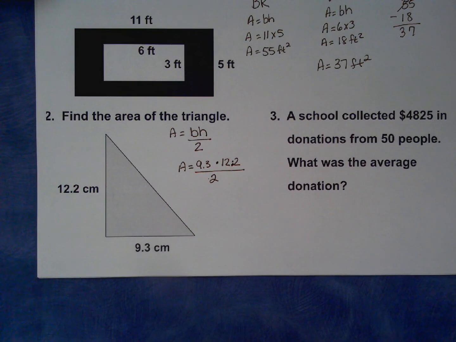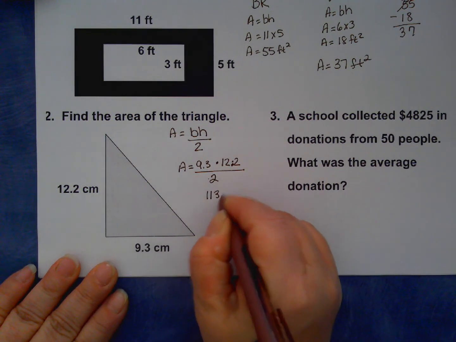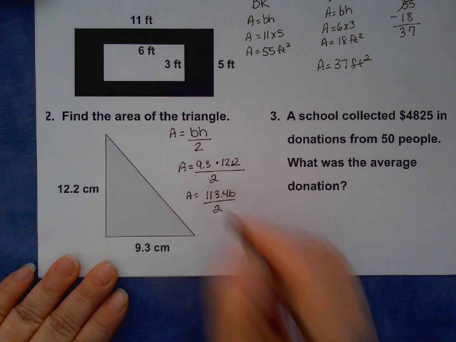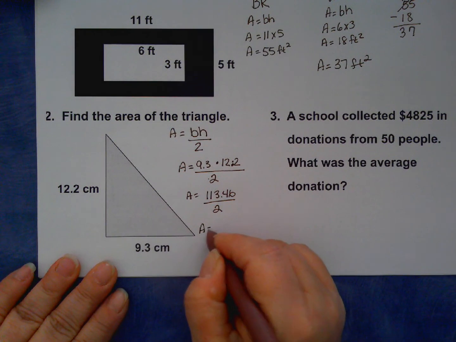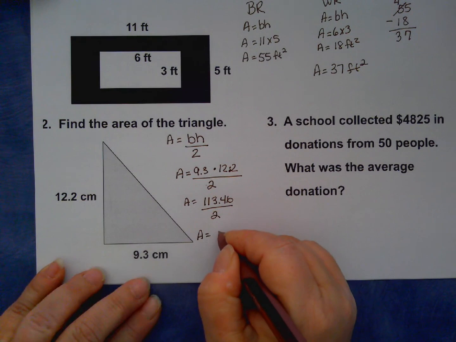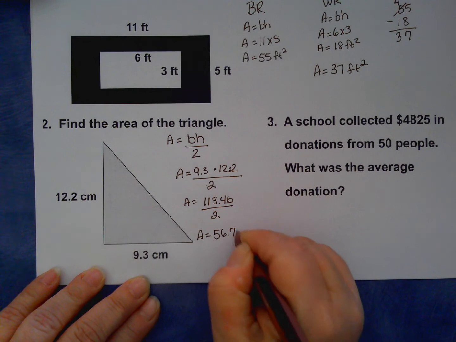All right. 9.3 times 12.2 is going to give me 113.46 divided by 2. And now I actually have to divide by 2. So my area is going to equal 56.73.